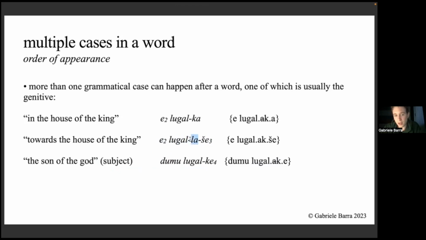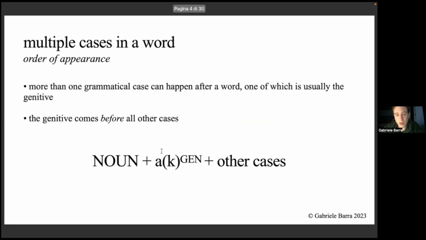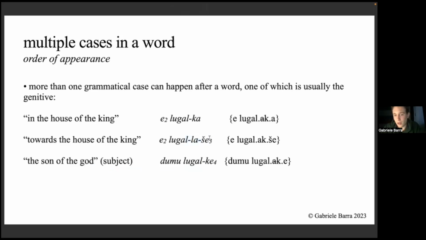So it's like having the beginning of the genitive without the last k. So the thing is, the genitive is not elided; it's still written as la, which would be the l of the word lugal, and then the a of ak, but the k does not appear here.